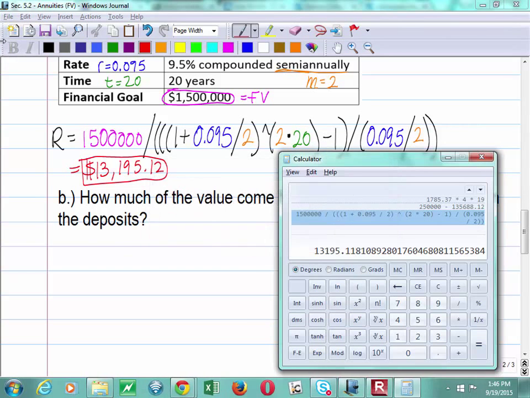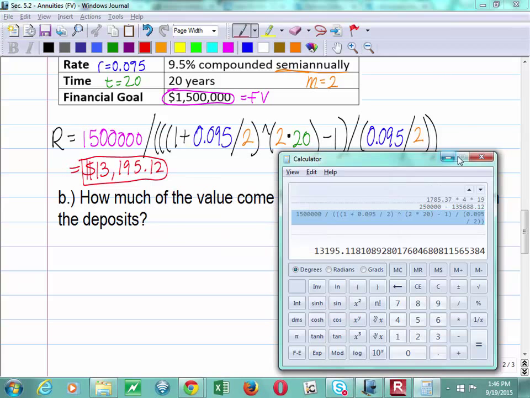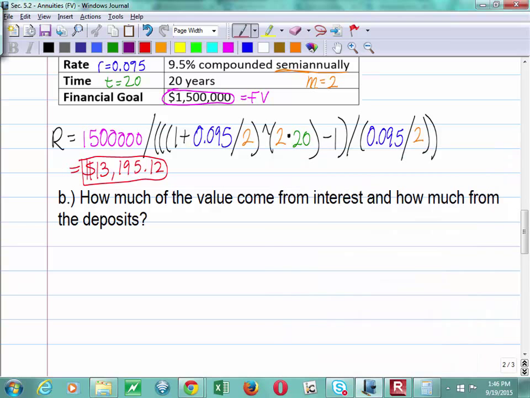Alright, so how much of that came from deposits? How much of that 1.5 mil came from deposits, and how much came from interest?